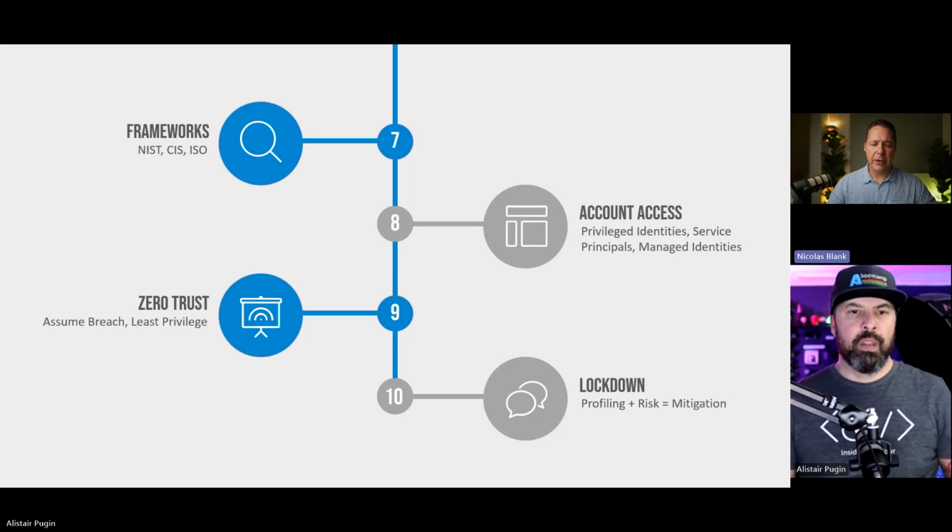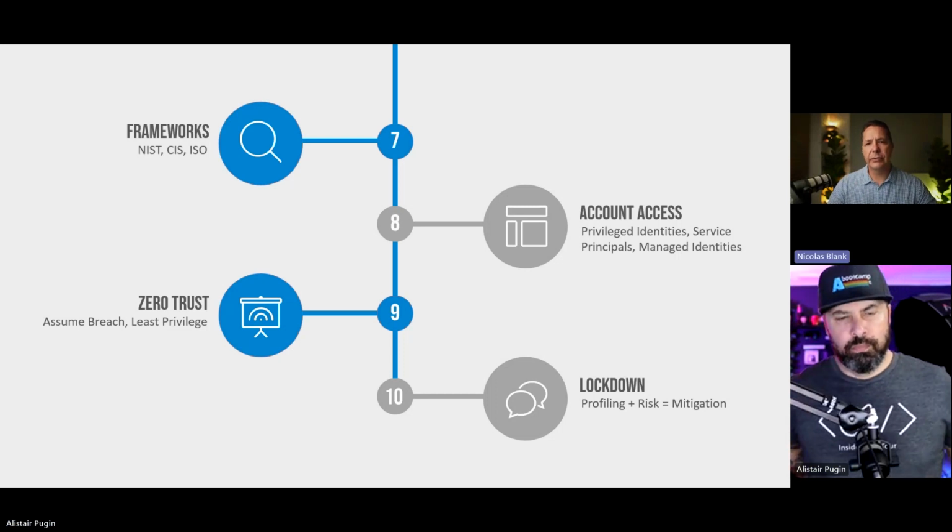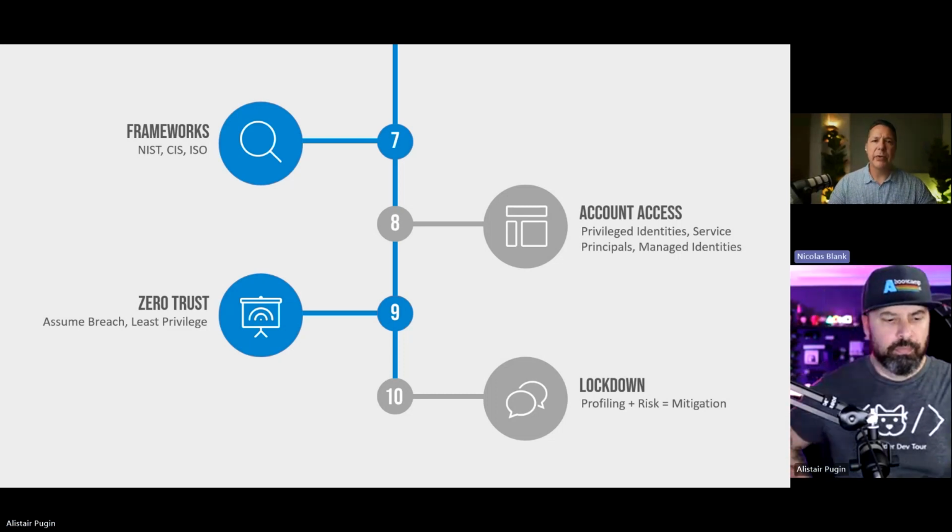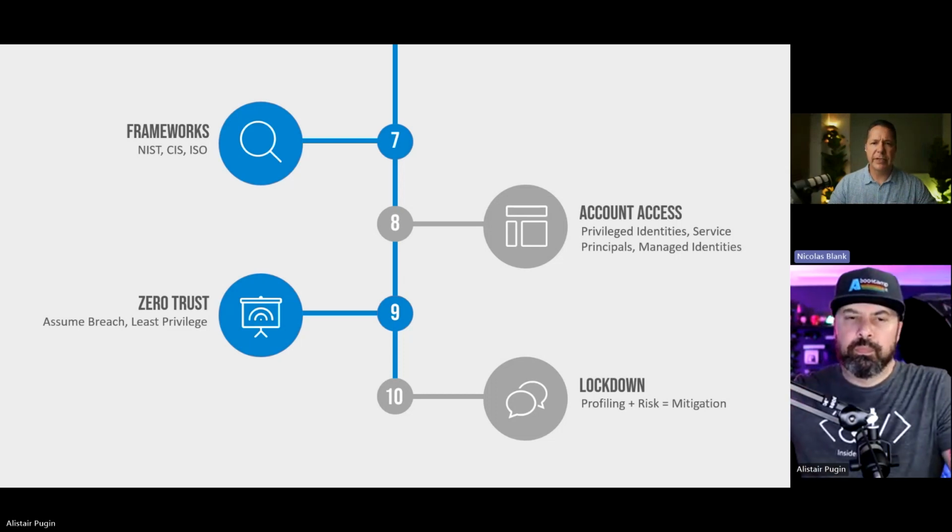So if we talk about lockdown, we need to profile what an application can do. In the previous steps, you saw that we want to inventory, we want to understand what the app does. And then if we apply the frameworks, and if you don't have a framework, you at least want to apply the principles of zero trust, you risk profile and security profile that application.